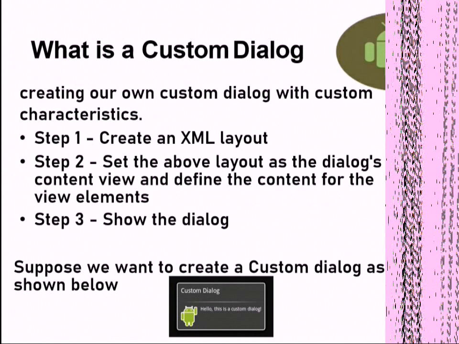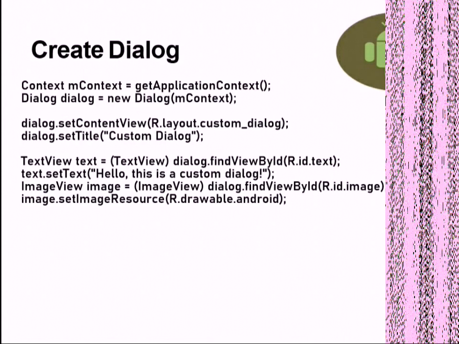To create your own custom dialog, you have to create your XML file, set the layout with the dialog's setContentView, and define the content for the content view elements, and finally show that dialog. So this is a simple dialog that says hello, this is a custom dialog. You can make it tell any kind of message that you want for your application.